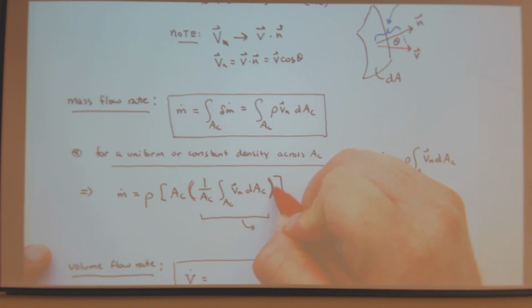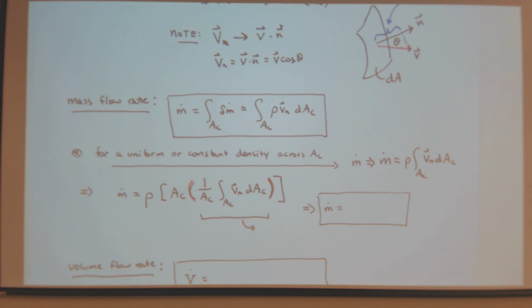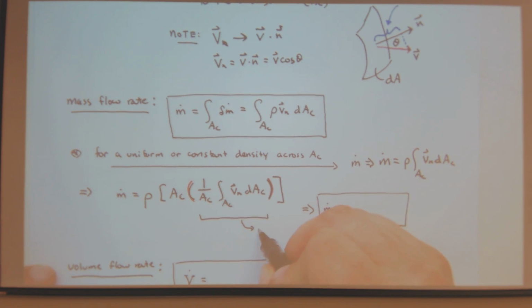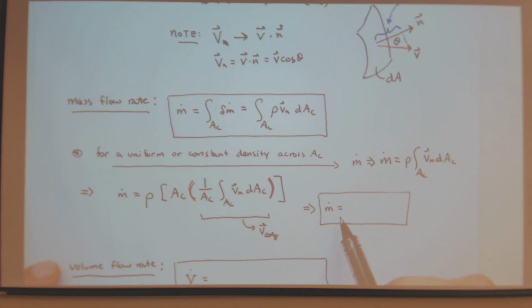I'm going to put red brackets around this one. This part here is my average velocity. So then if I just look at this, my m dot equals rho AC times an average velocity.